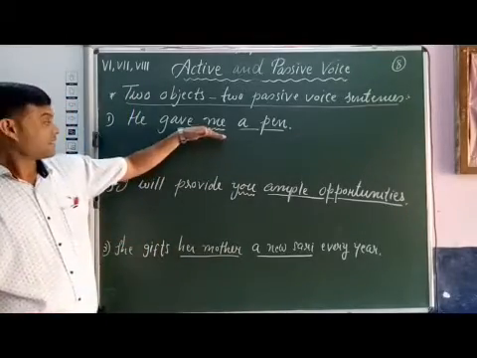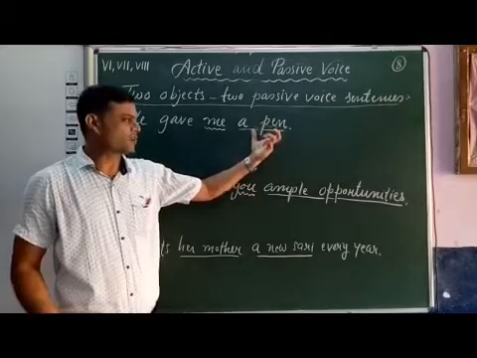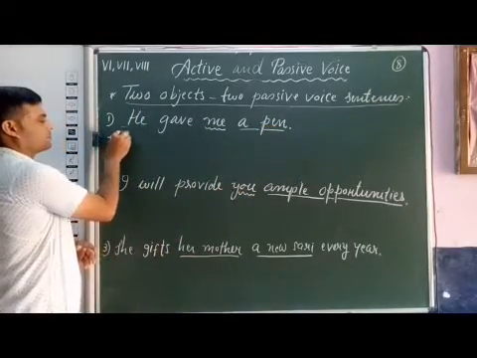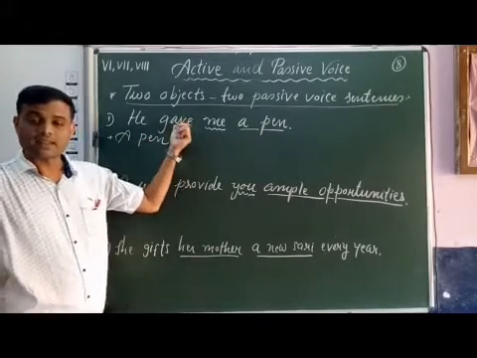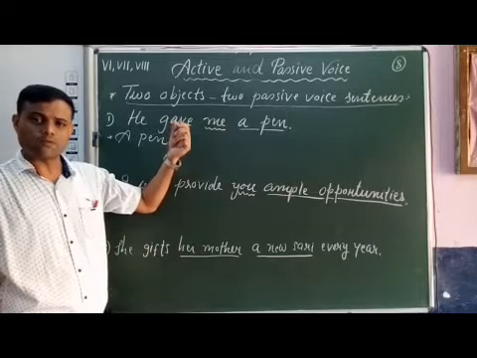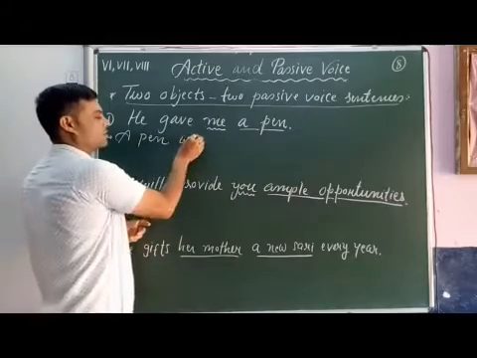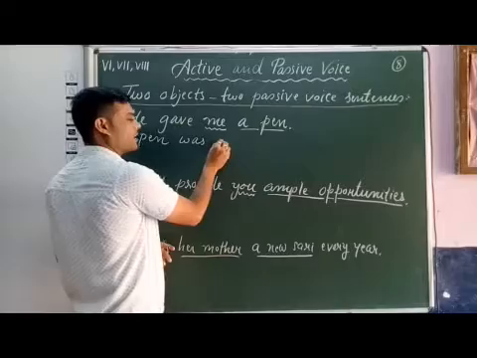First, he gave me a pen. In this sentence we will use first direct object, a pen. Gave, it shows simple past tense, and simple past tense to be formed was and were. So with a pen we use was. Then V3 of gave, given.